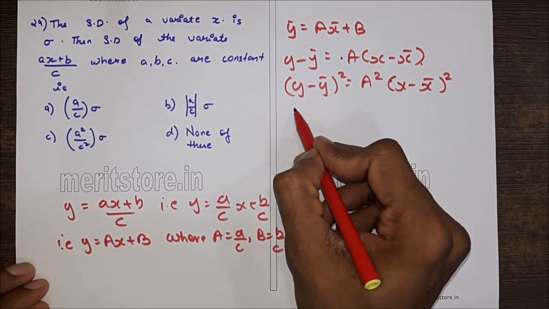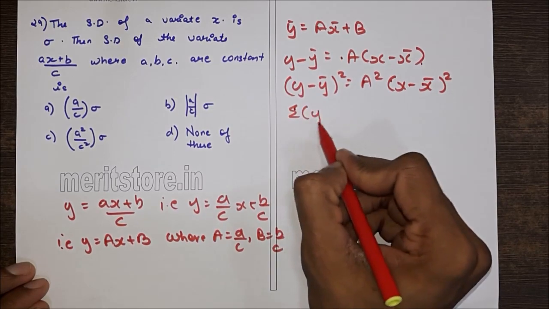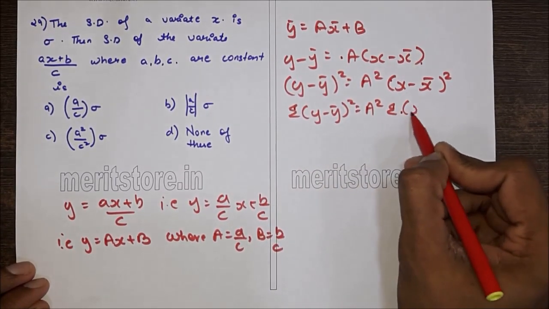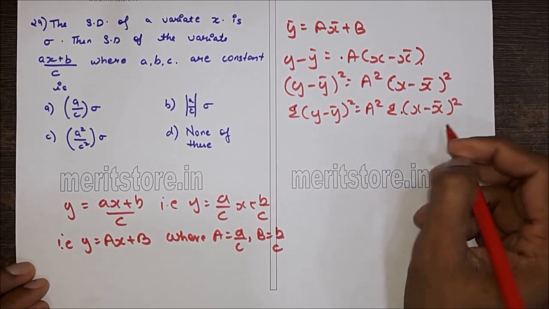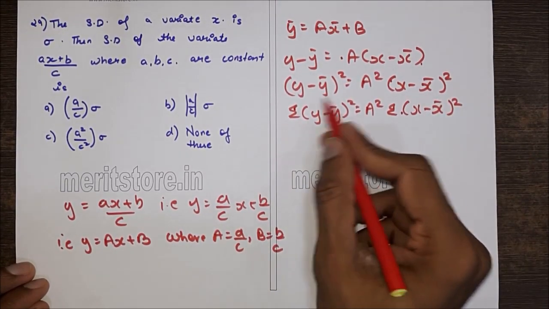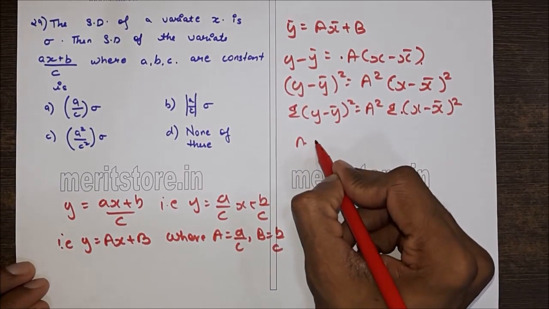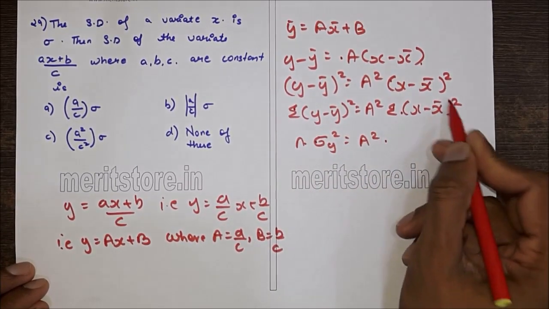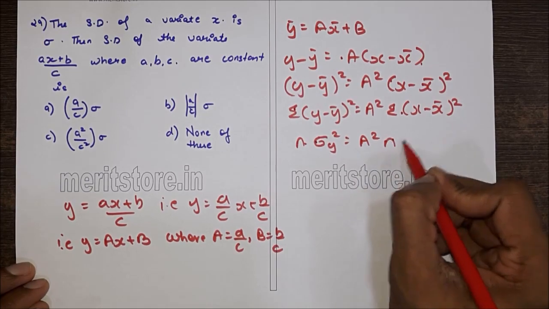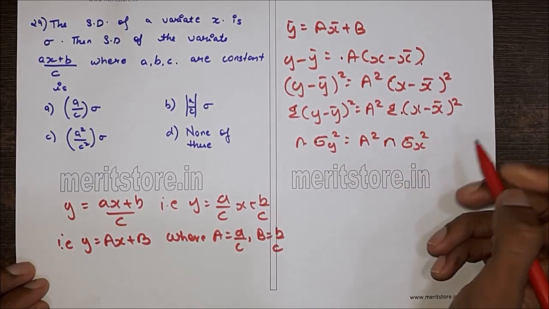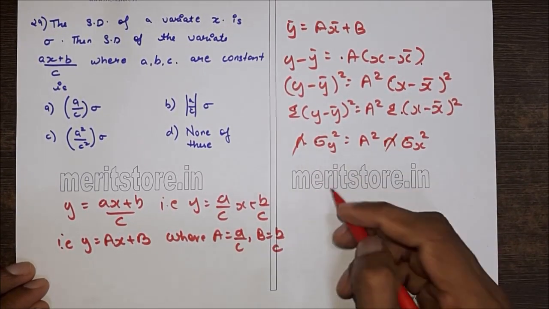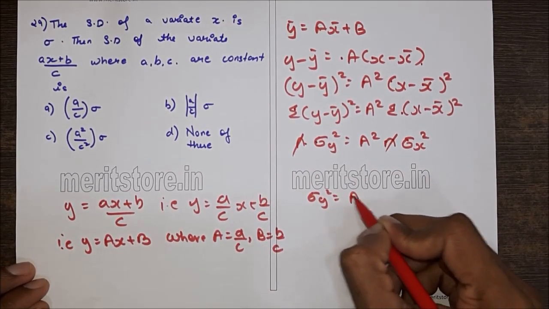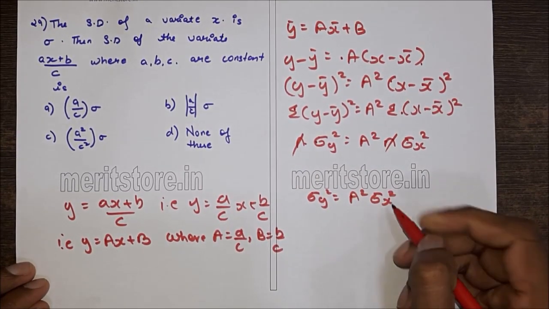So we take summation on both the sides. We can write this as n into sigma y the whole square equal to A square times n into sigma x the whole square, where n gets cancelled, so we are left with sigma y the whole square equal to A square sigma x the whole square.